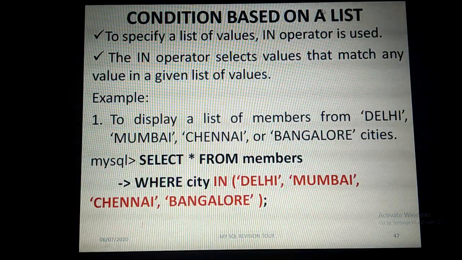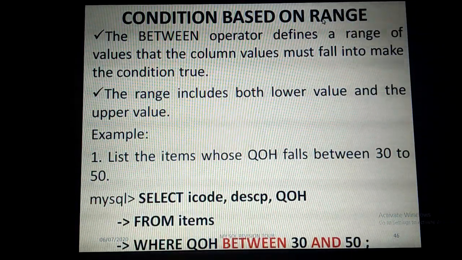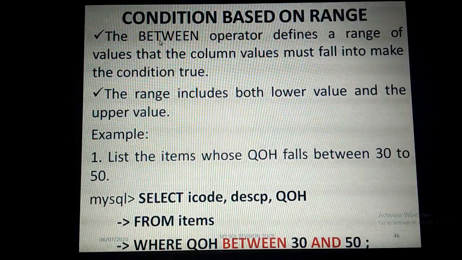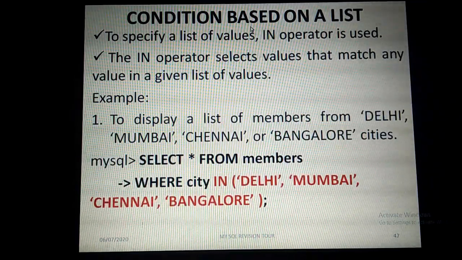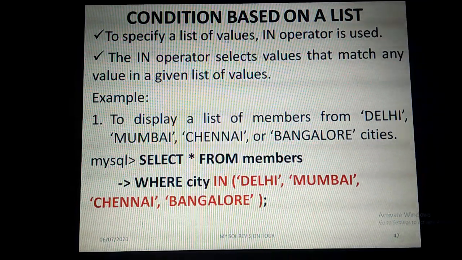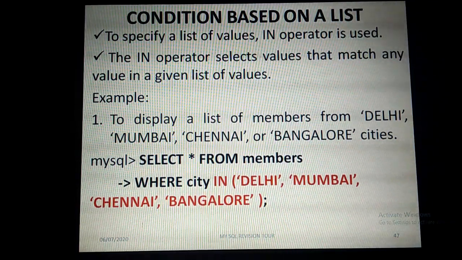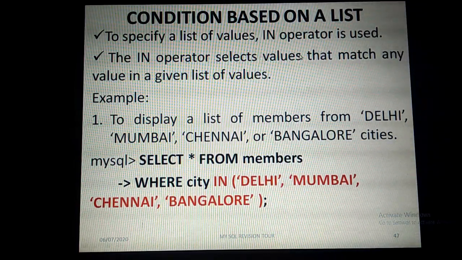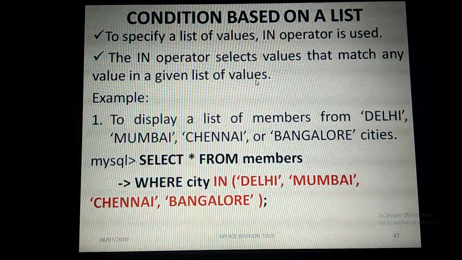Next is condition based on a list. Here we have seen condition based on a range, for that we are using the between operator. But in condition based on a list we will use the in operator, and the not in operator also we are going to use. To specify the list of values, the in operator is going to be used. The in operator selects the values that match any value in the given list of values.